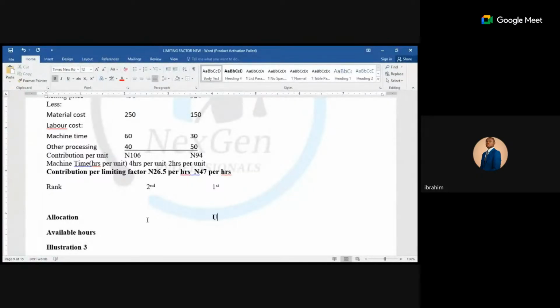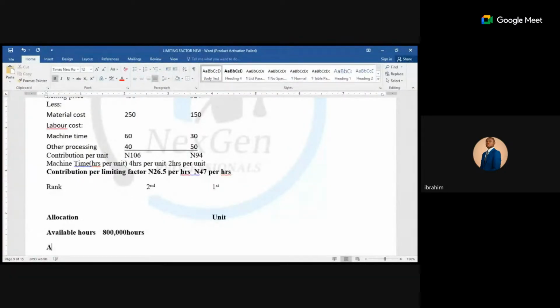So here will be your unit. This is what we want to allocate. This is the scarce resource because they don't have the capacity to produce the 200,000 and 800,000 units. But we have to do allocation.